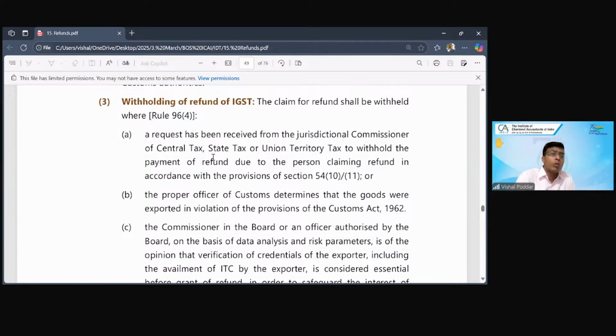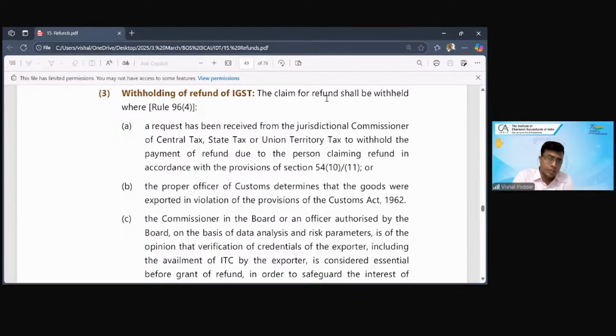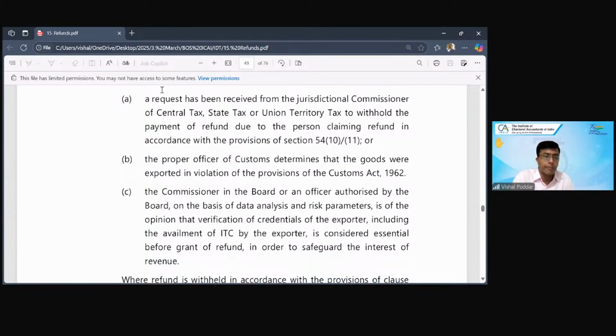Again, withholding of this refund. This refund, which should come to you automatically, may be withheld. One, where a request has been received from your jurisdictional commissioner, saying that this person's refund should not be allowed automatically and should be withheld, because the commissioner feels that there is some amount recoverable from you, or that this refund is fraudulent.